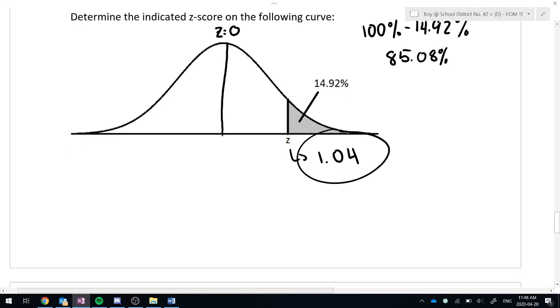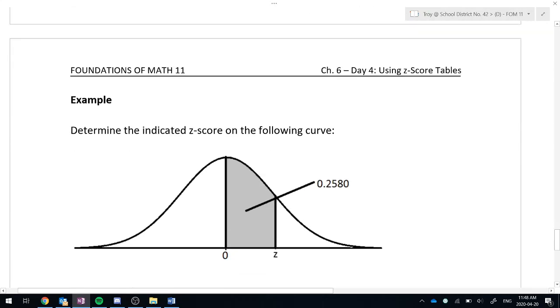Yeah, so now we know if we take a z-score that has 14.92% of the data to the right of it, that z-score must be 1.04. It has to be 1.04 standard deviations away from the mean to the right. To the right because it is positive.